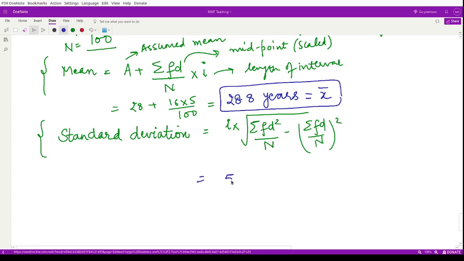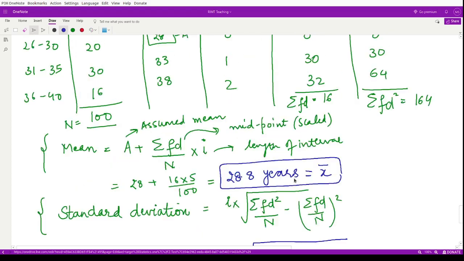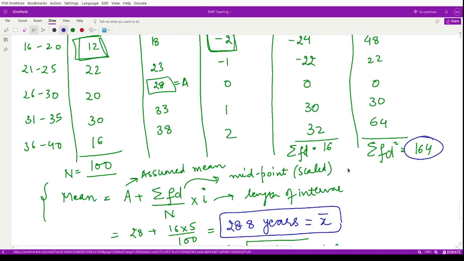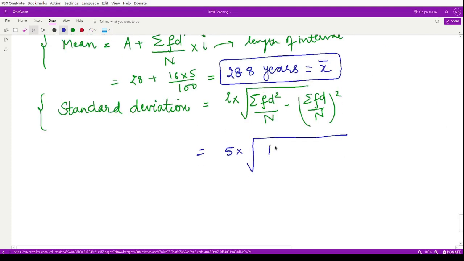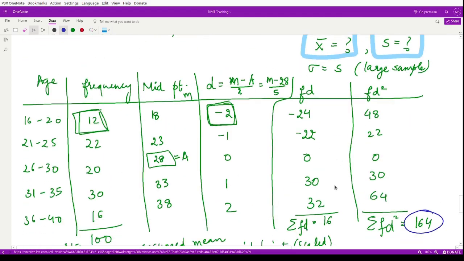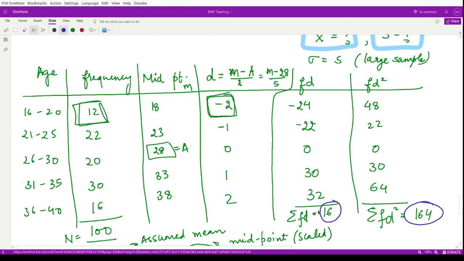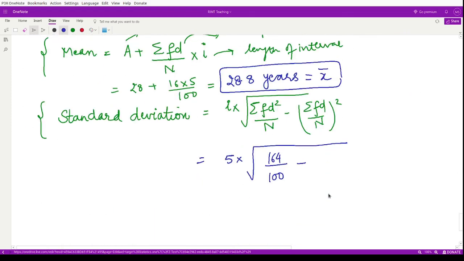So i value is 5 into square root of summation fd square, which is this one, 164, divided by capital N, that is 100, minus summation fd, which is this one, 16, by 100 whole square.